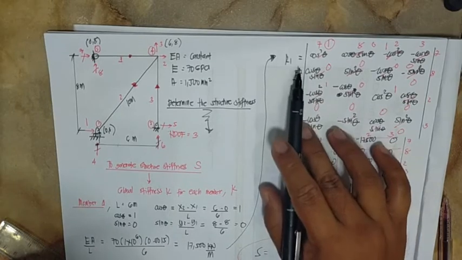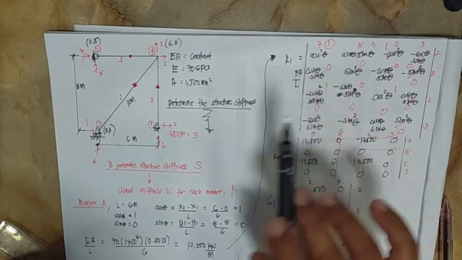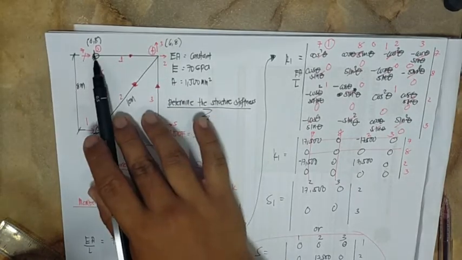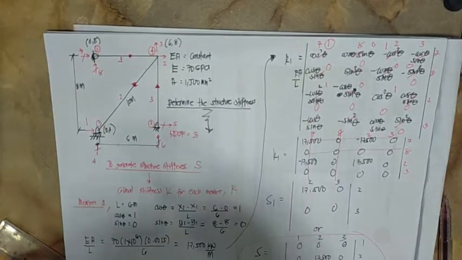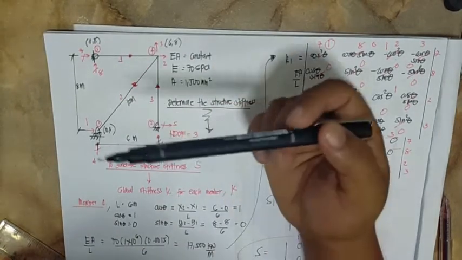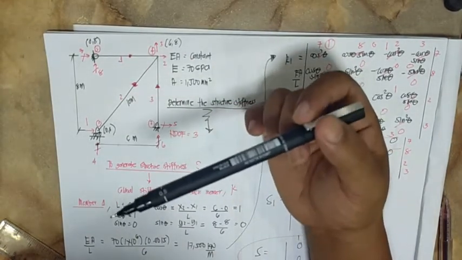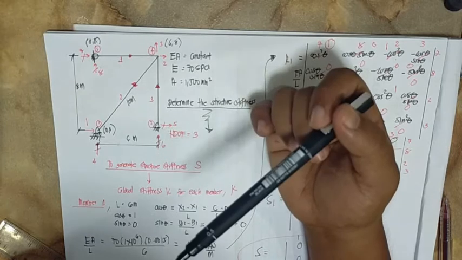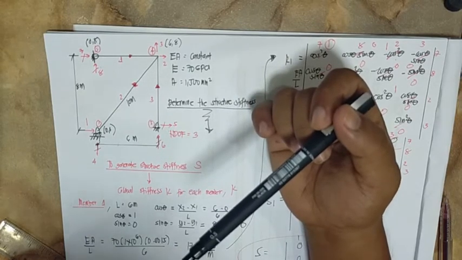For example, here in K1, we have here 7812. Remember class, we are calculating the structure stiffness in order to identify the displacement.